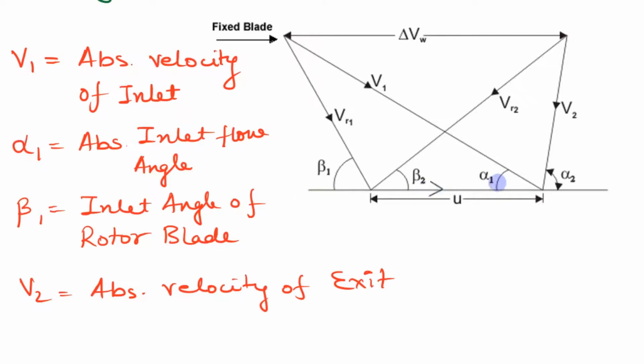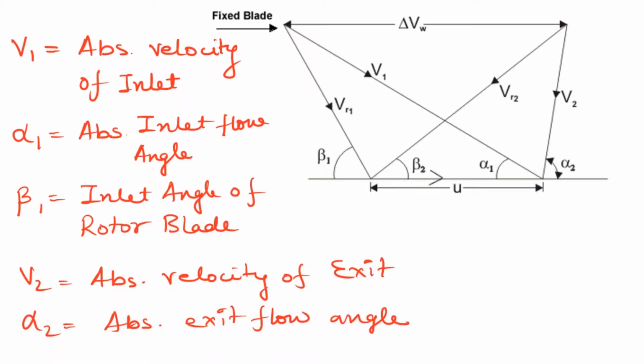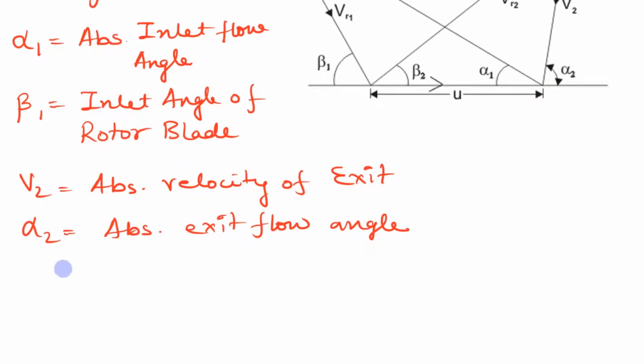And alpha 2 is the absolute exit flow angle. And beta 2 here is the exit angle of rotor blade, the angle of rotor blade when the flow is leaving this stage.